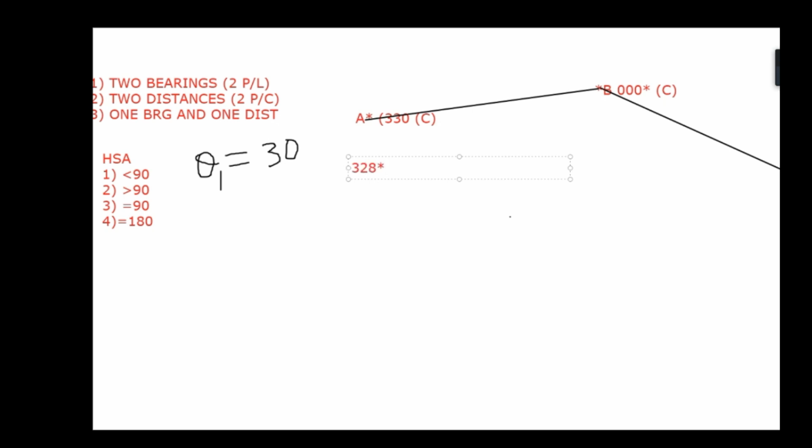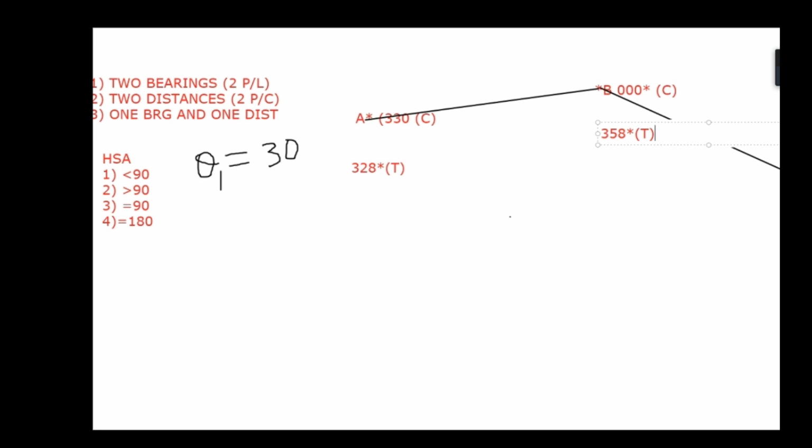If 2° east is the compass error, then 328 will be the true bearing, and 000 will be 358 as the true bearing. So what is the angle between your 328 and 358? Also 30.